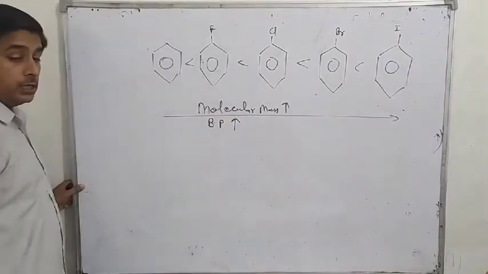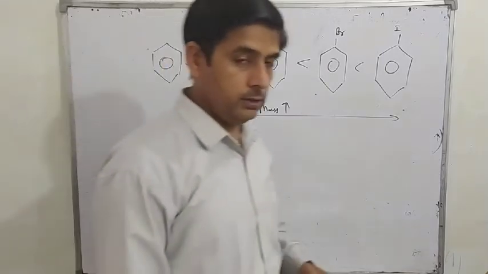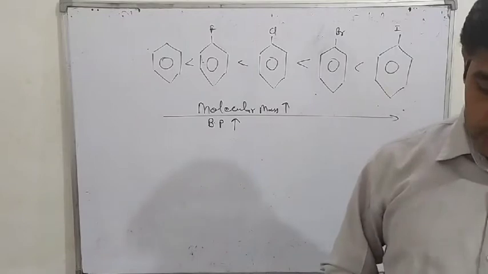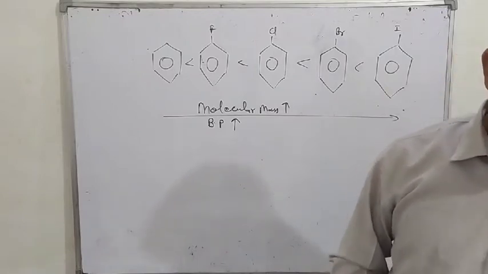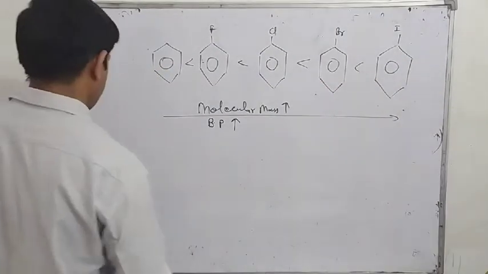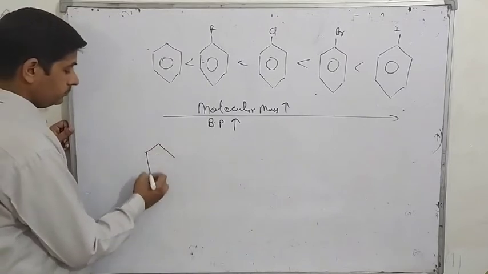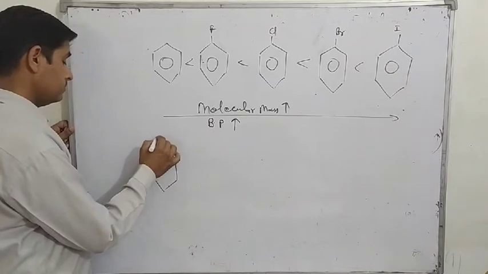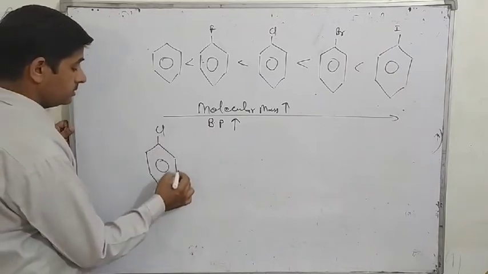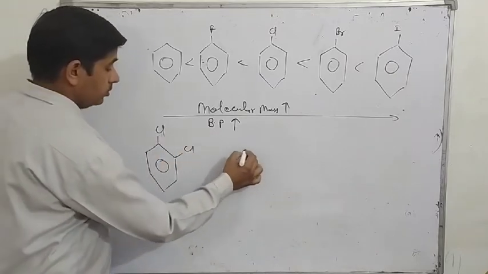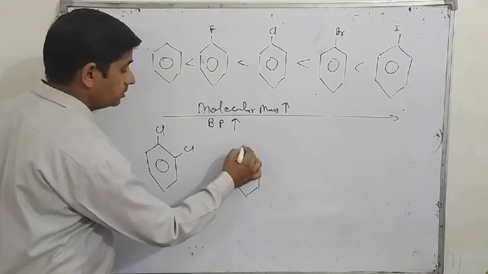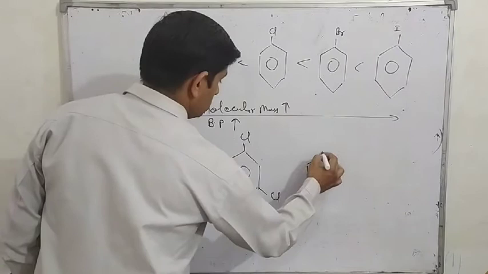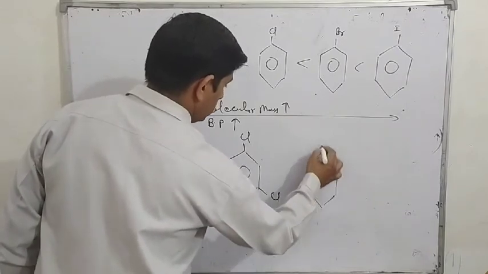Okay, in case of dihalobenzene, there are so many variations. If we talk about the dihalobenzene, so let's take an example of this ortho dichlorobenzene. This is meta dichlorobenzene, and this is para dichlorobenzene.